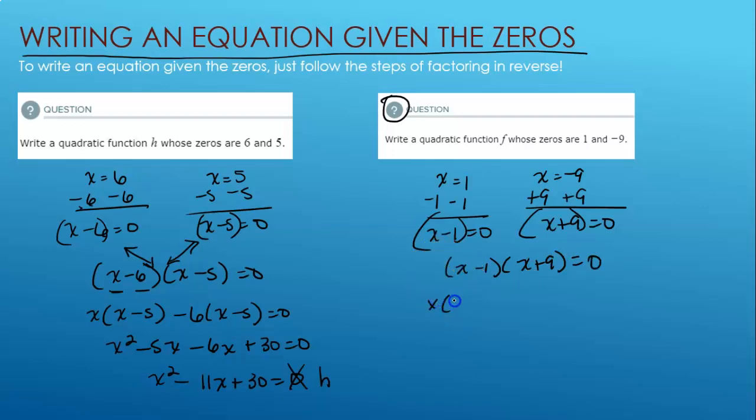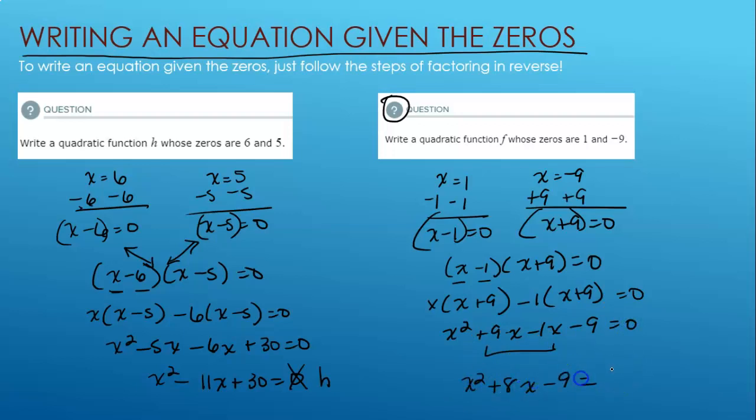Now we just distribute x times x plus 9 and negative 1 times x plus 9. I'm just doing both of these things times x plus 9. Now I distribute x squared plus 9x minus 1x minus 9 equals 0. Combine your like terms, so that's x squared plus 8x minus 9, and they want it to be equal to f, so I make that equal to f.